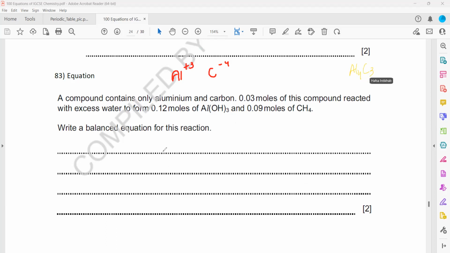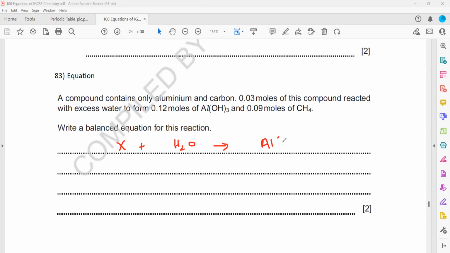Even if you don't remember it, we can work it out in this manner, or there's also a simple way. There's a compound we don't know, compound X, which has aluminum and carbon. 0.03 moles of this compound reacted with water. Excess water means more than enough for a complete reaction.